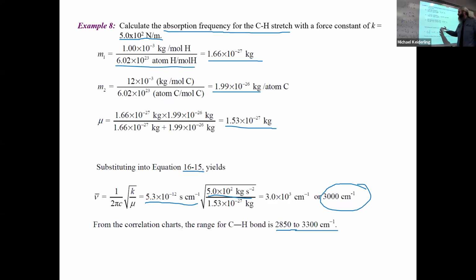And if we substitute that into our equation for wave number, 1 over 2 pi c times the square root of k over mu. 1 over 2 pi c is 5.3 times 10 to the minus 12 second inverse centimeters.